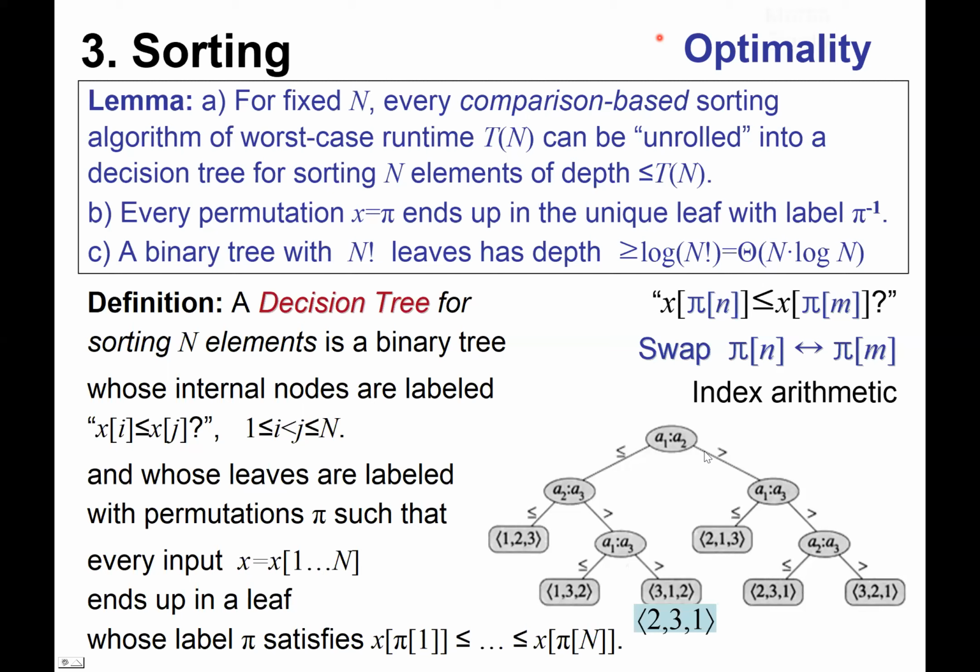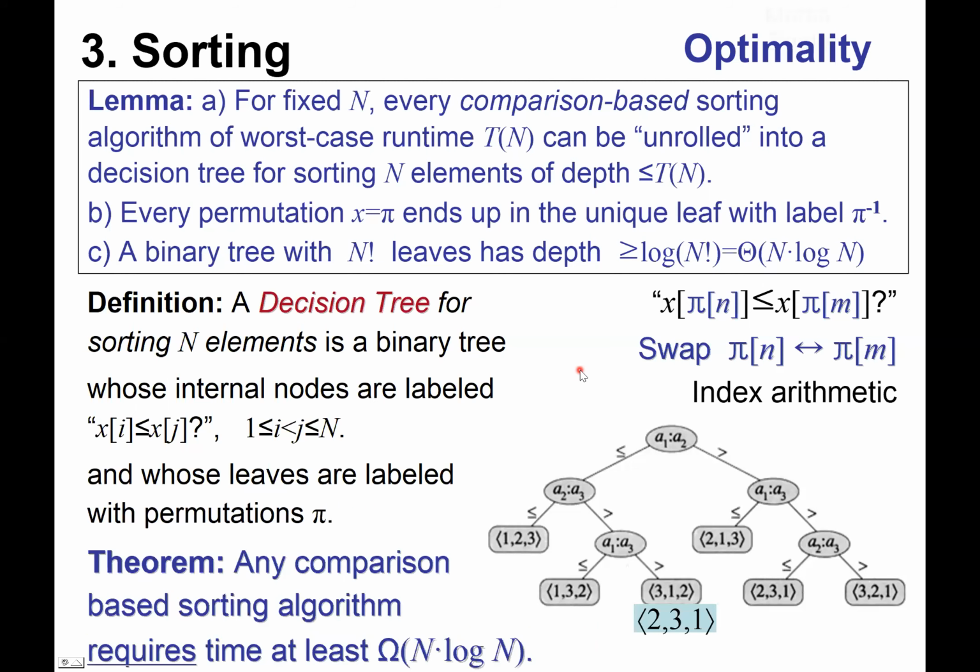And for comparison-based sorting algorithms, we were able to prove a particularly powerful theorem, namely a statement that any comparison-based sorting algorithm requires at least n log n steps in order to sort n elements.